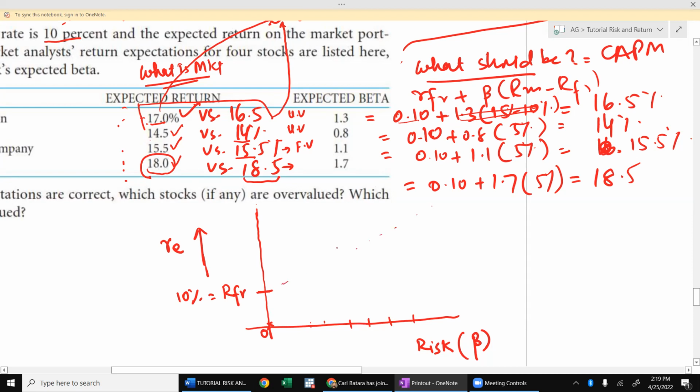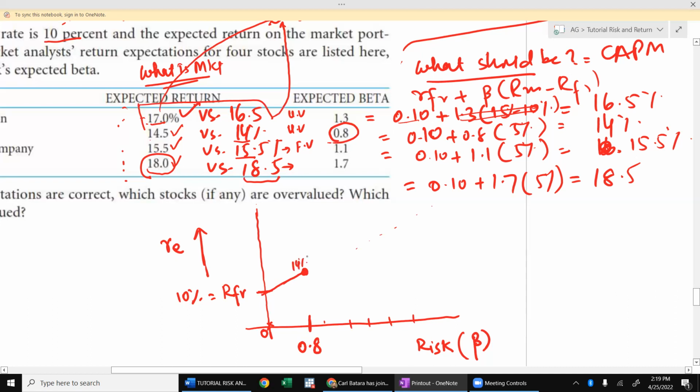So let's put the information. When the beta is 0.8, because this is the lowest beta, how much should we expect? The question said that you should expect 14%. I'm writing 14%.